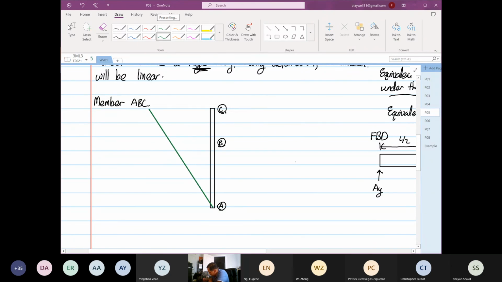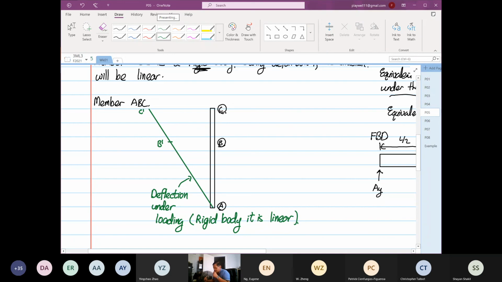So this is our point A, B prime, and this is our C prime, and this represents our deflection, deflection under loading. Because we assume a rigid body, it is linear.